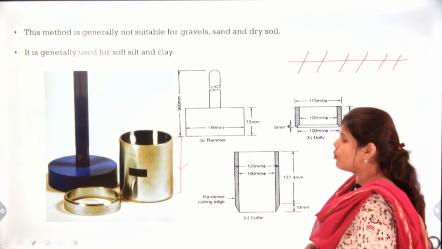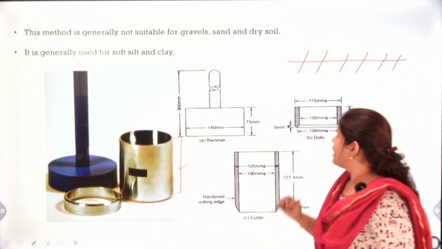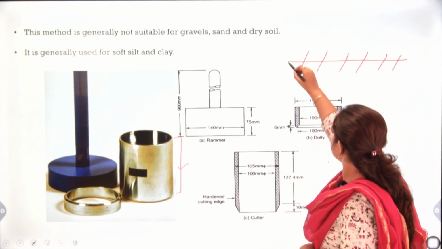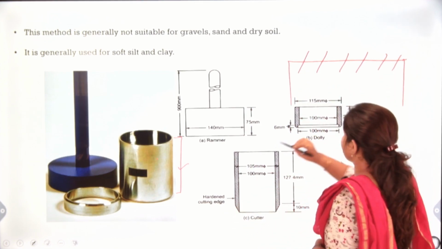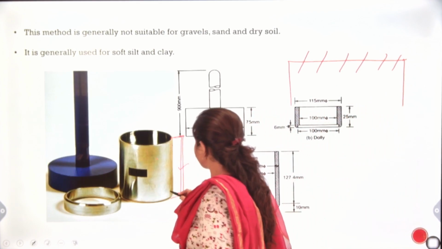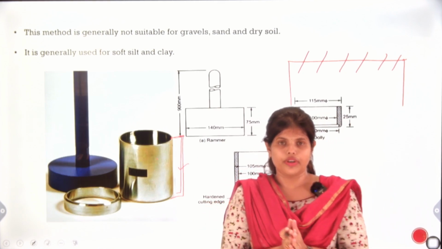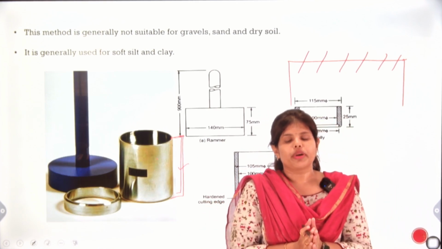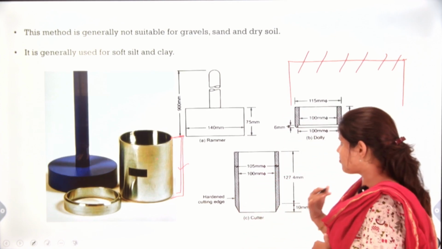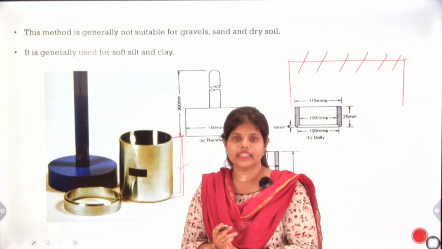Then we put this container inside the soil. Before putting the core cutter inside the soil, we need to verify that the soil should not be gravel or coarse aggregate.